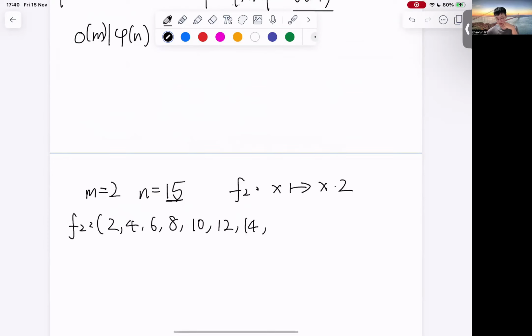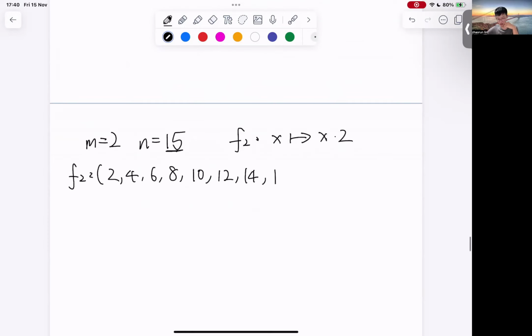And then 16 modulo 15 is 1. And then 3, 5, 7, 9, 11, and 13. So this is our mapping.